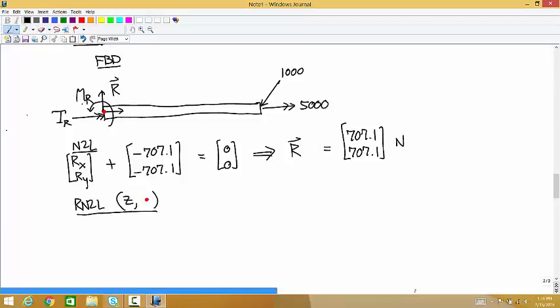So what about M_R? Does that produce a moment about the z-axis? That's a couple, a pure moment, and if you use the right-hand rule, that's in the z direction.